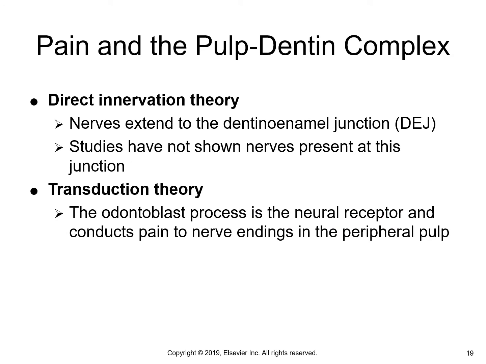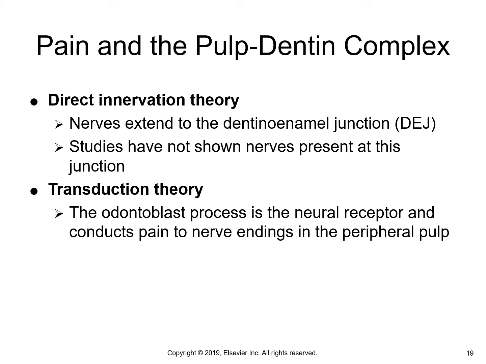The pain and pulp-dentin complex. So there's a couple different theories of how pain is produced in a tooth. The direct innervation theory states that nerves extend to the DEJ, and studies have not shown these nerves present at this junction. So this one has not been proven.